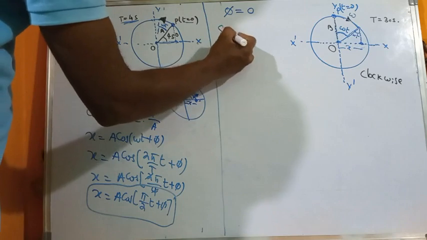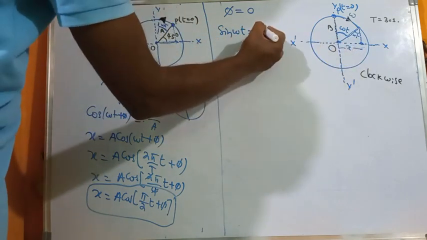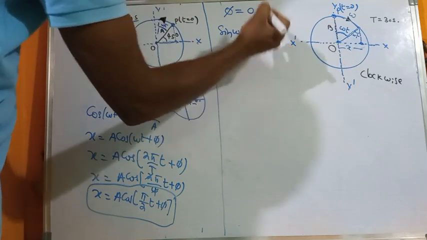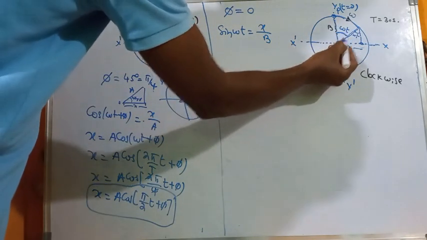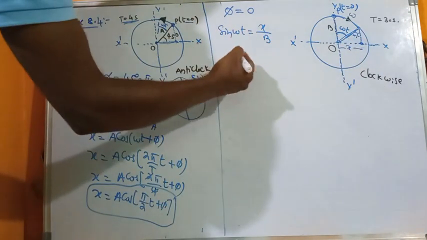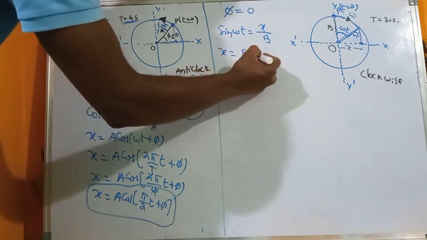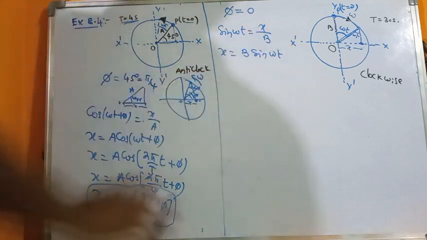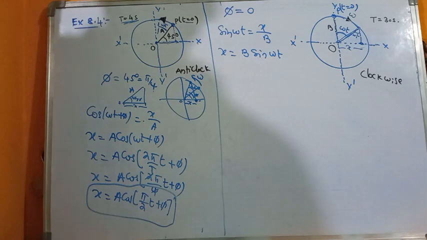So sine omega t is equal to x by the radius, which is given by b. So from that, x is equal to b sine omega t.